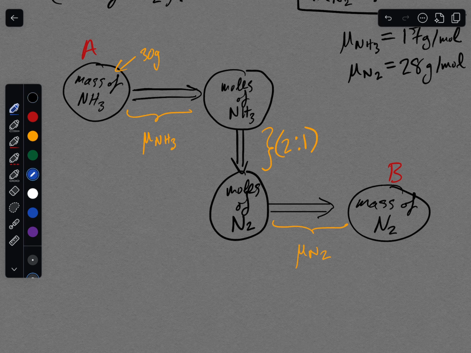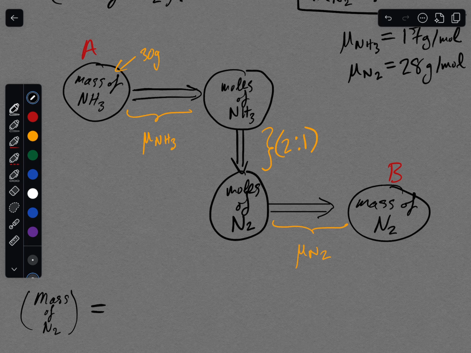I'm going to start and say, okay, if I want the mass of N2, I'm going to set this equal to something, well, this is going to have grams, right? Okay, so this is going to be something with grams of N2.